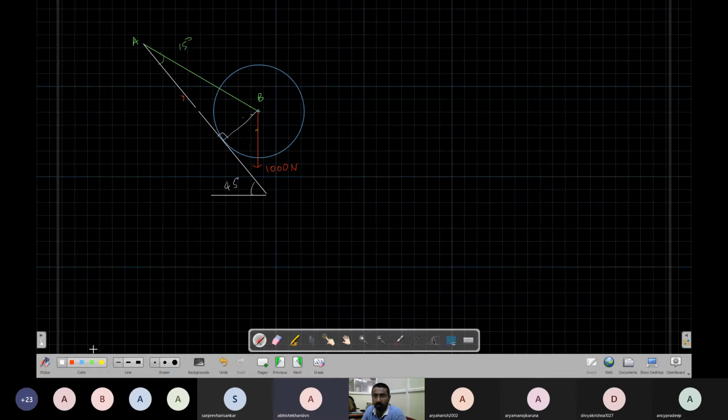Yes, parallel to ground. So you're asking me to draw a line like this. Then that angle, including the 15 degrees, is 45 degrees. This is 45 degrees, this is 45 degrees. That is correct. So 45 minus 15 will be 30. This is 30. Okay. Now.